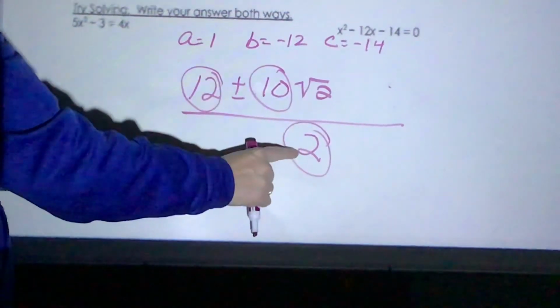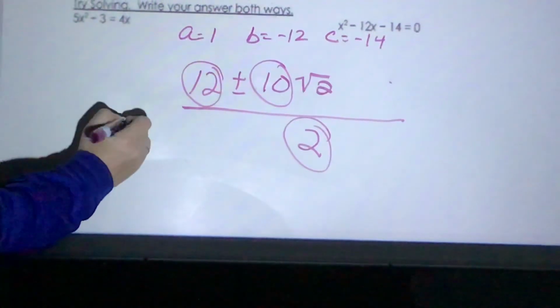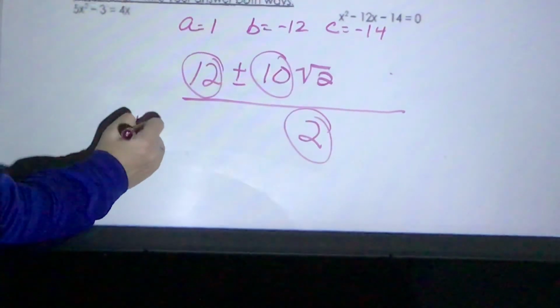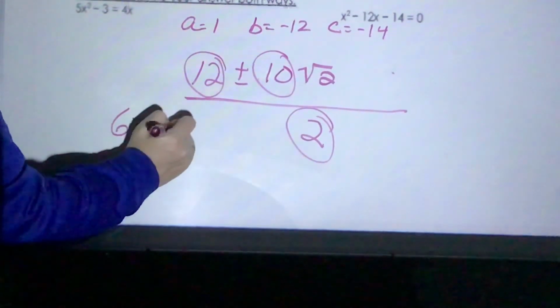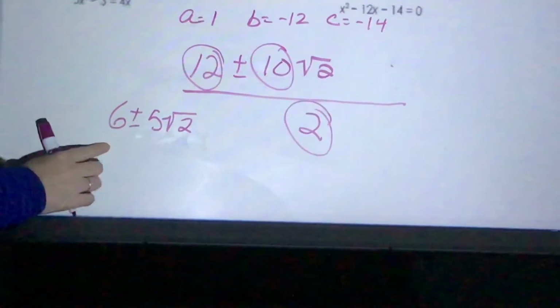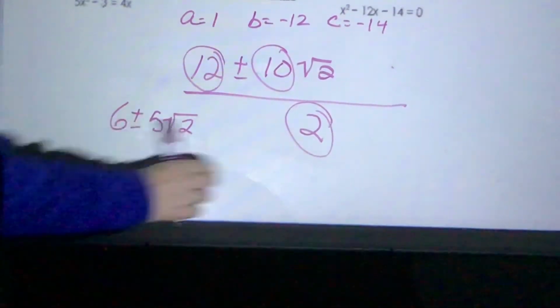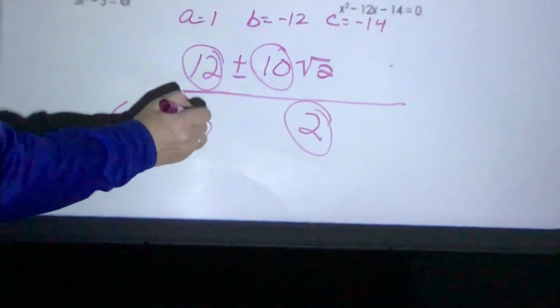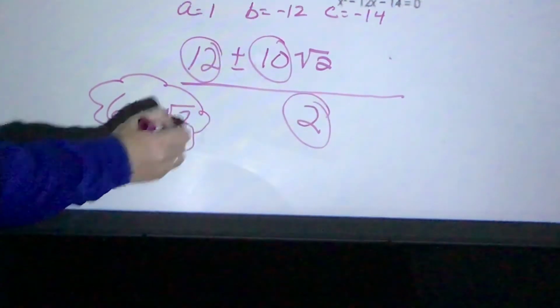All three of these numbers are divisible by 2. So I'm going to get 6 plus or minus 5 root 2 all over 1, because 2 divided by 2 is 1, so I'm not going to write that. So this would be the simplified radical answer.